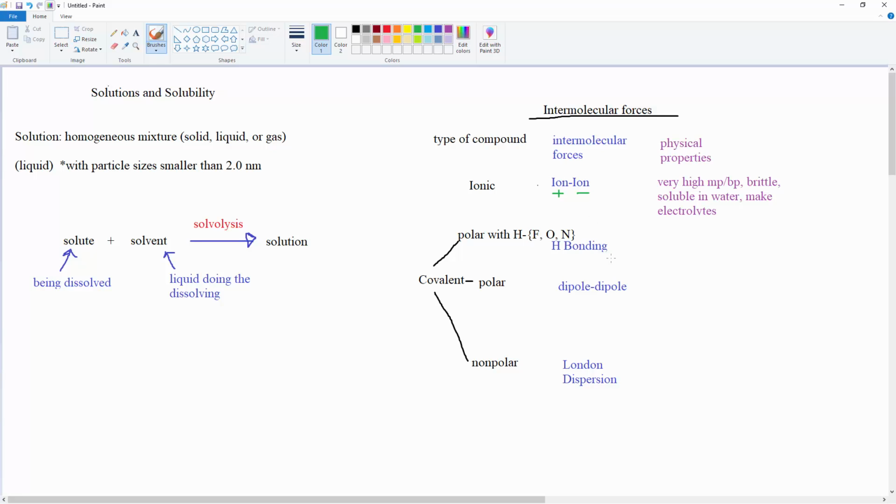And because water in particular, our classic example of hydrogen bonding, has a strong partial negative on the oxygen and a strong partial positive on the hydrogen. And so the charges still attract one another. The charge on the positive ion here is going to be attracted to the partial charge on the oxygen atom here. Do you guys remember this?